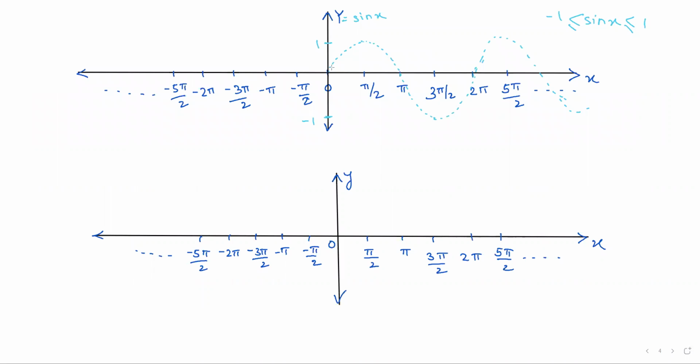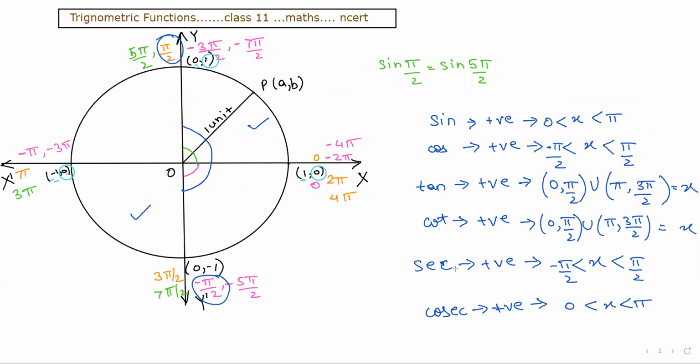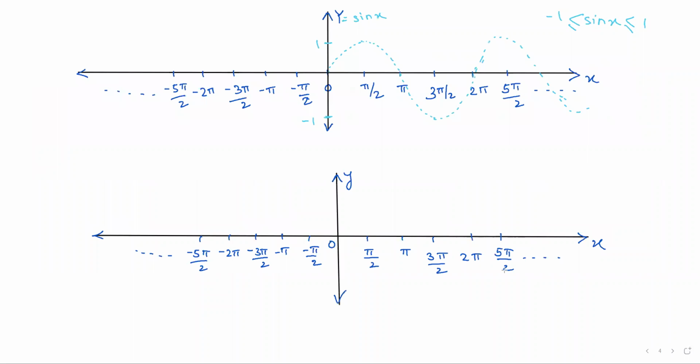Here, following these concepts, from 0 to -pi by 2, your sin x decreases from 0 to -1, then from -1 it increases to 0. Prior to this, we'll get something like this.